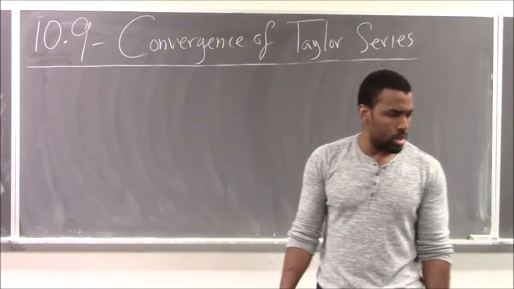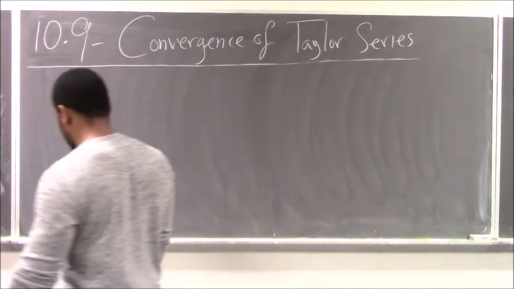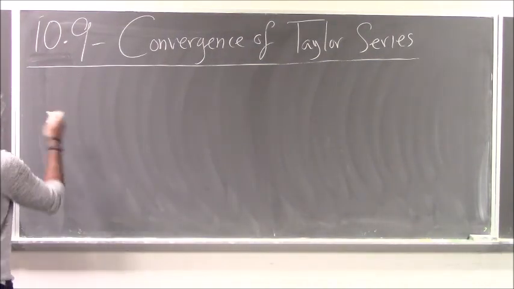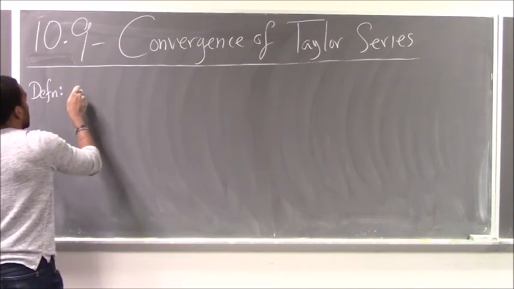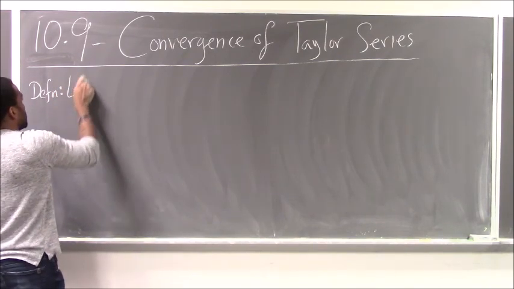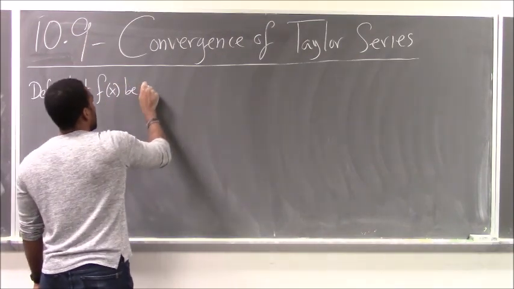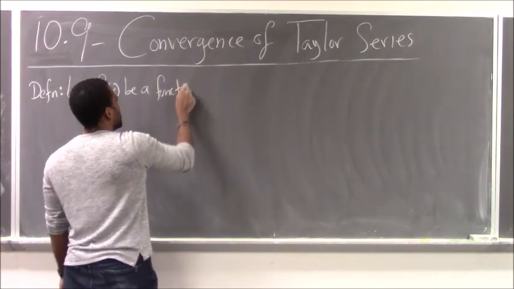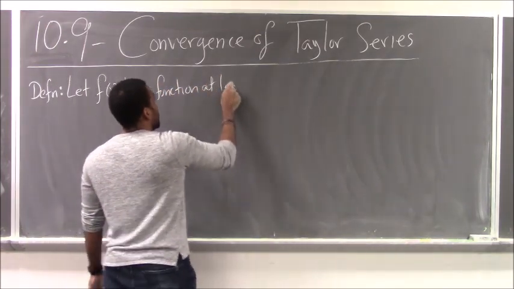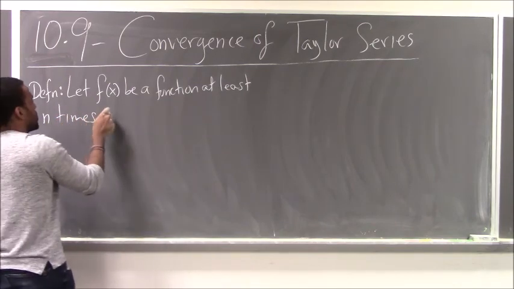First, I want to give you some definitions. I'll talk about Taylor polynomials. Definition. Let f of x be a function at least n times differentiable.